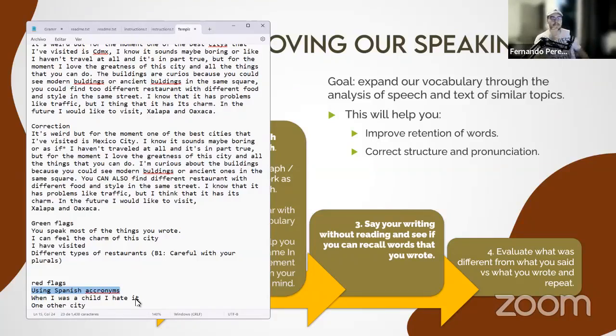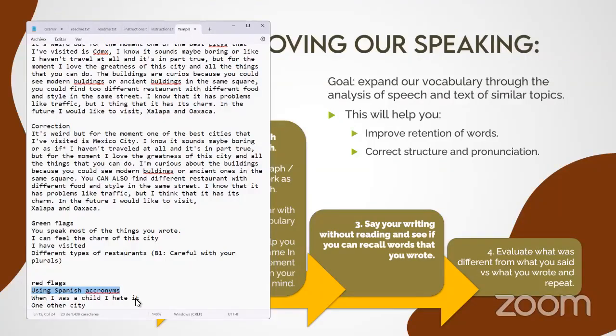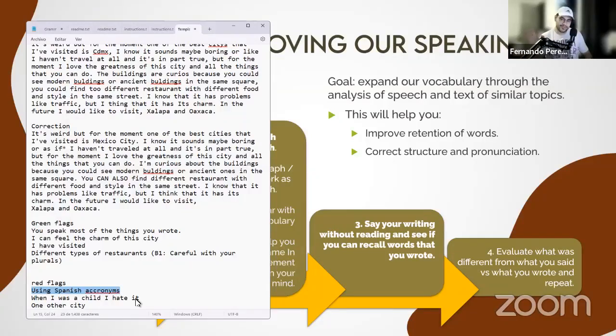If you want to talk about, for example, the Mexican Institute of Social Security, IMSS for its acronym in Spanish, Instituto Mexicano del Seguro Social, and you want to talk about that in English, you need to say IMSS for its acronym in Spanish. Okay? Only in the case of institutions.